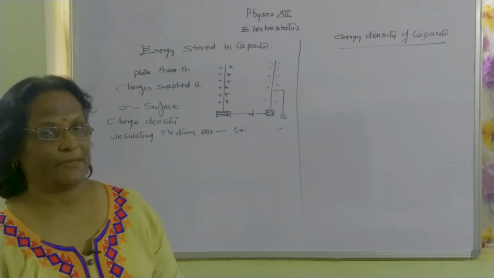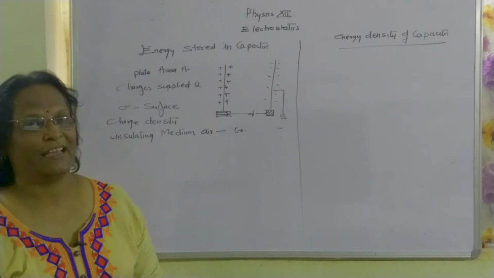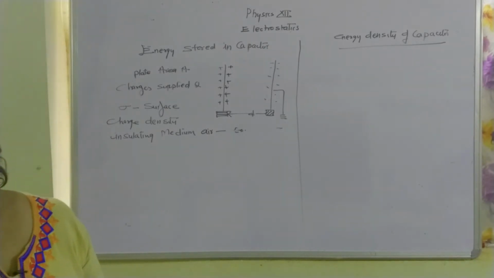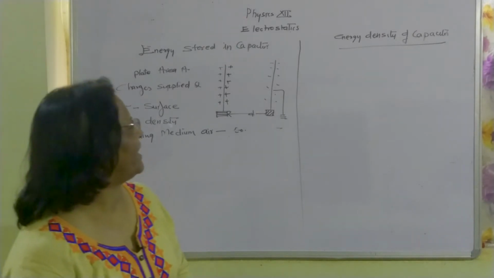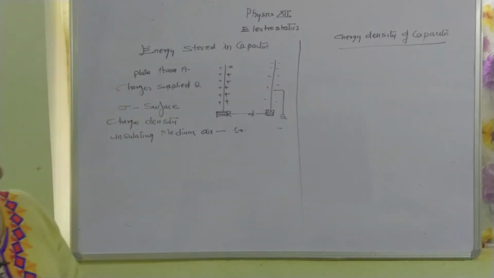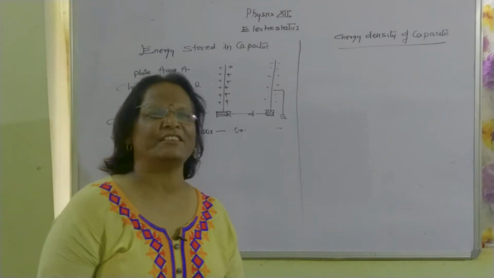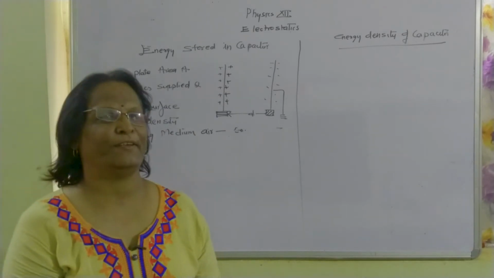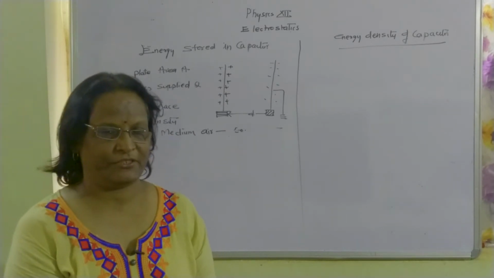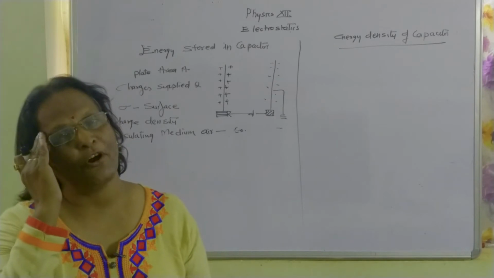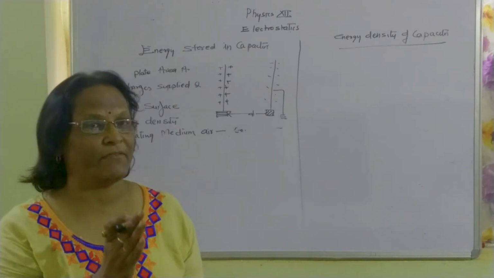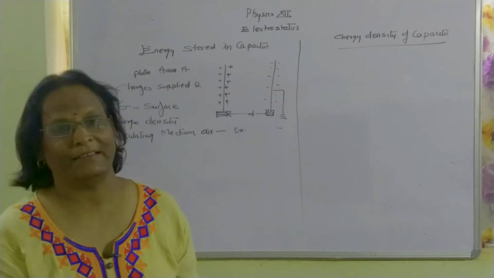What does it mean? Capacitor is already a charge storing device, and for storing charge we have to give or supply charges to that capacitor. So when we supply charges to the capacitor, some work has already been done.